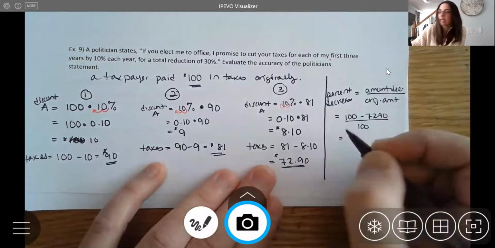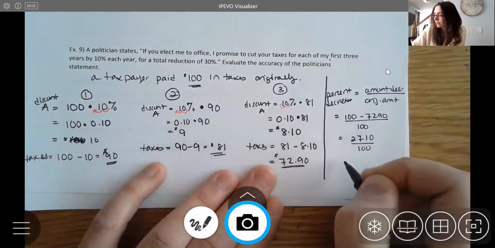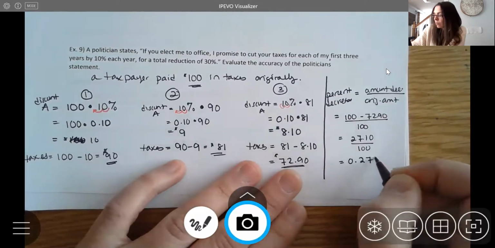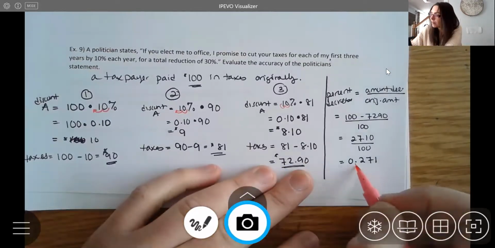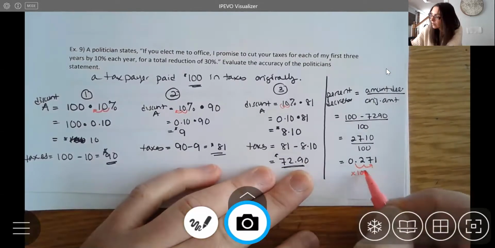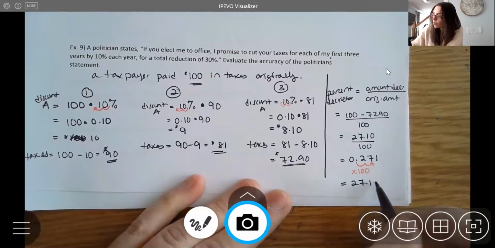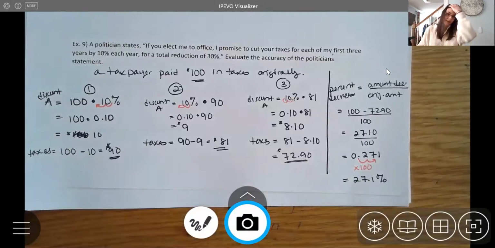And when I subtract this, I get 27.10 over 100. So dividing this out, I get 0.271. And if I put this in percent form, multiplying it back over, I see that my discount was actually 27.1% instead. So not quite that 30%.